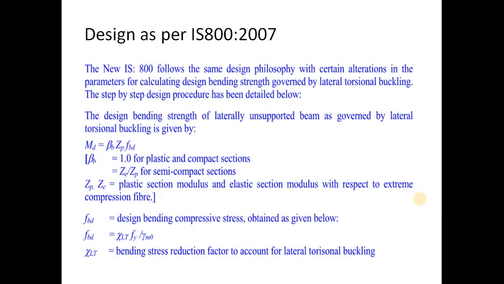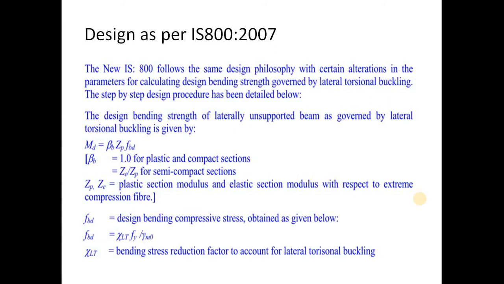Now the design as per IS 800-2007. The new IS 800-2007 follows the same design philosophy with certain alterations in the parameters for calculating design bending strength governed by lateral torsional buckling. The step-by-step design procedure has been detailed below.